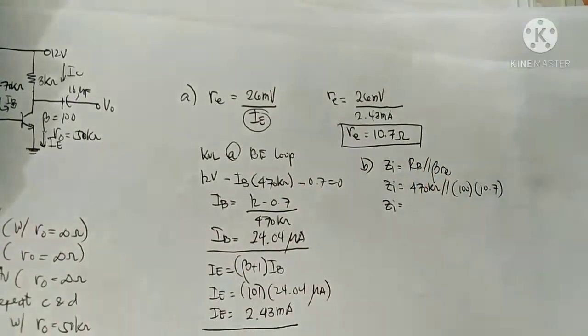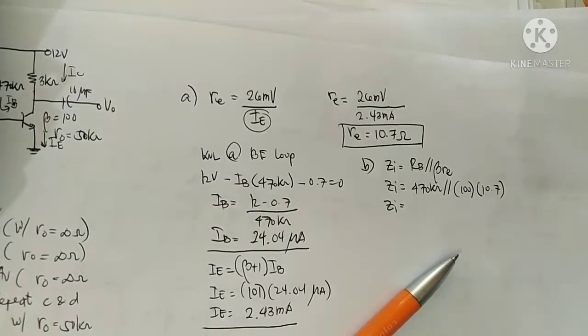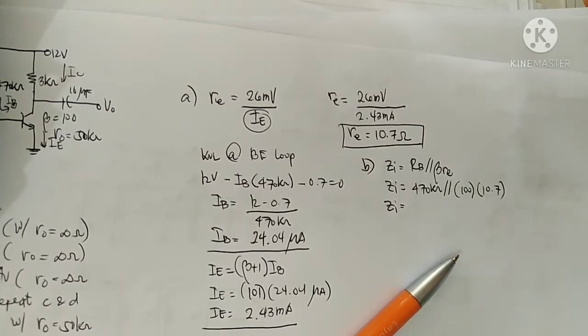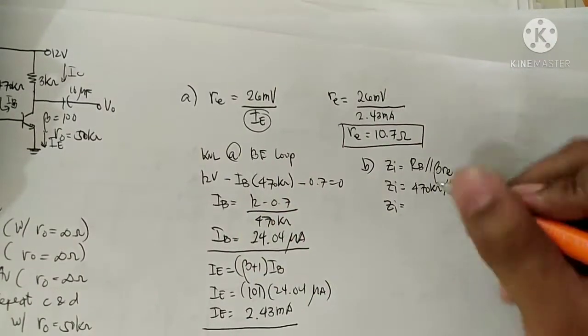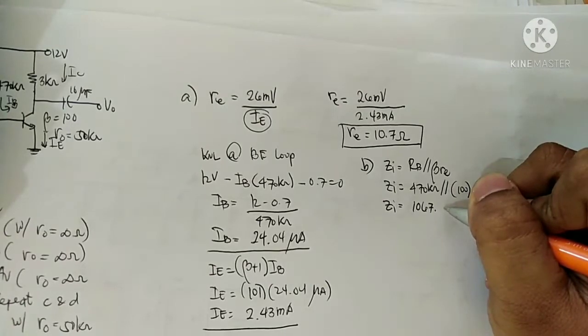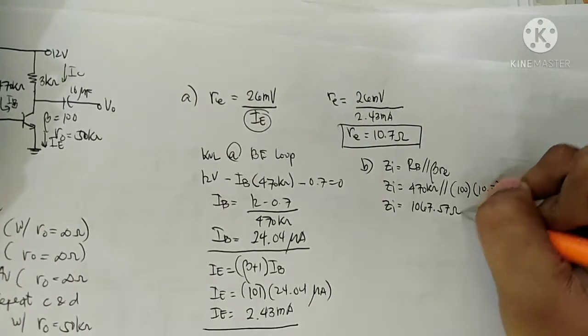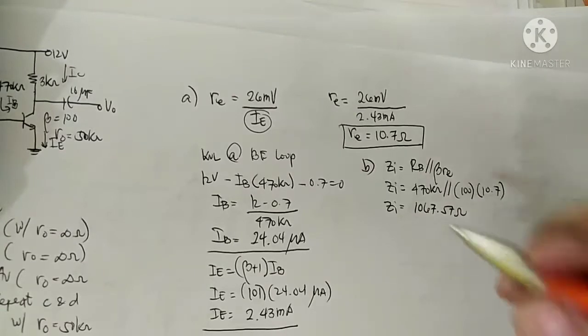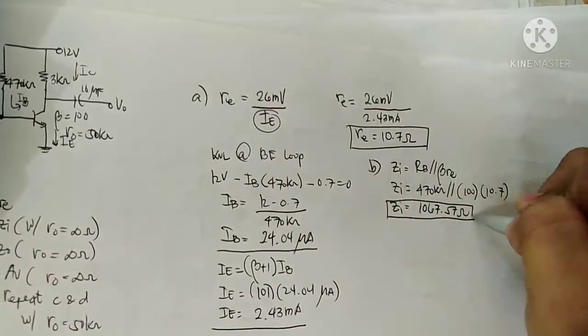Directly calculating the parallel combination, 1 over the sum of the reciprocals, gives 1067.57 ohms. That is ZI.